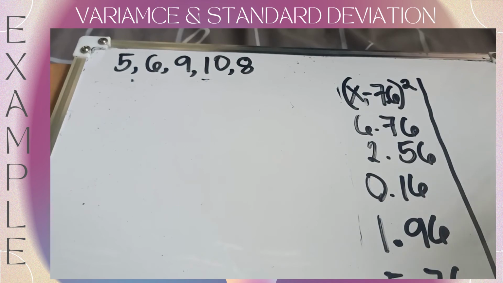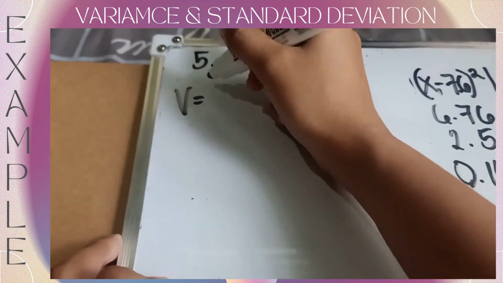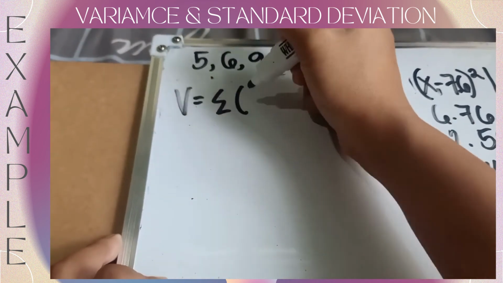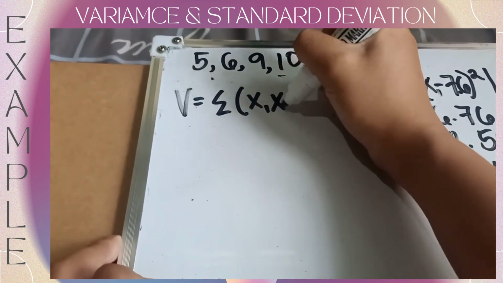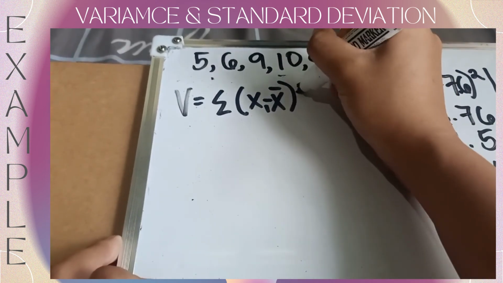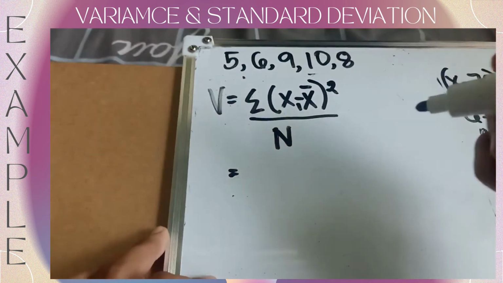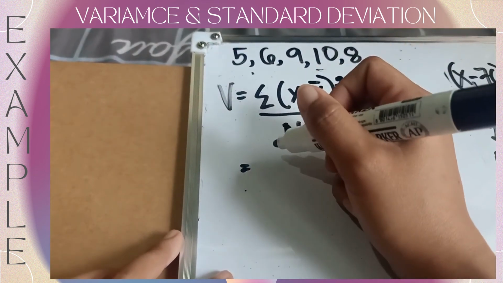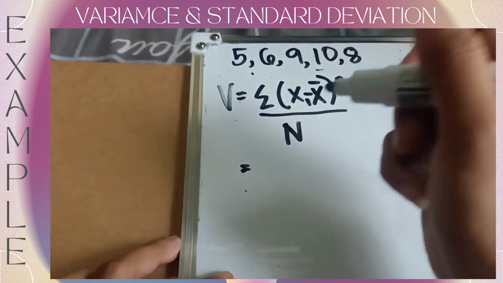Now, we are going to find the variance. So, ang formula ng variance is equal to the summation of the square of the difference divided by n. Okay, so ano ang ating nakuhang squares of the difference of our given value and mean?